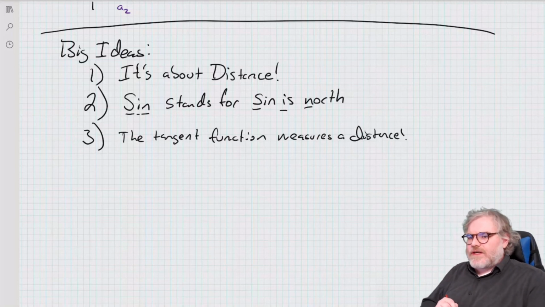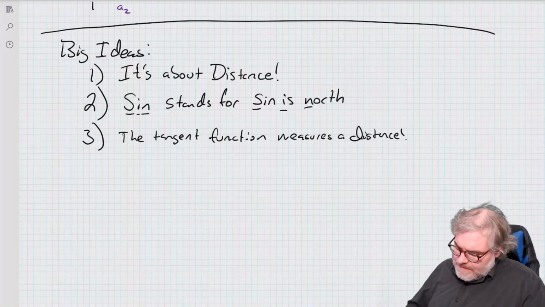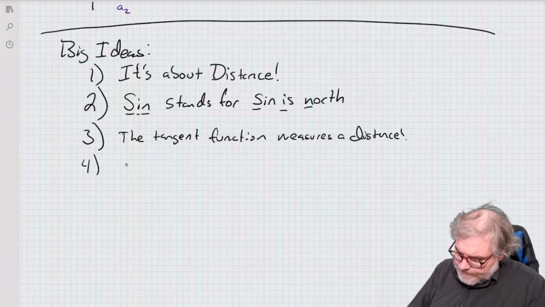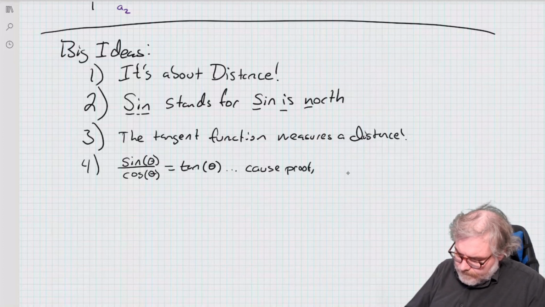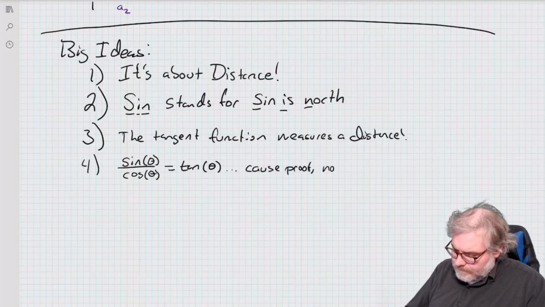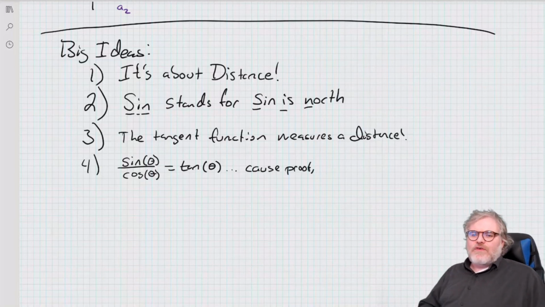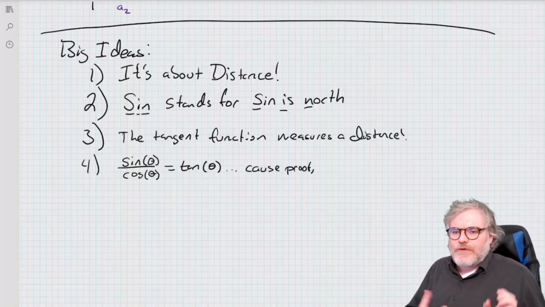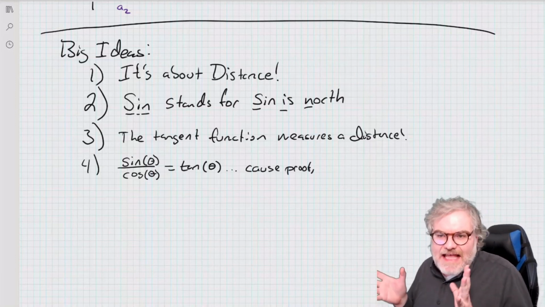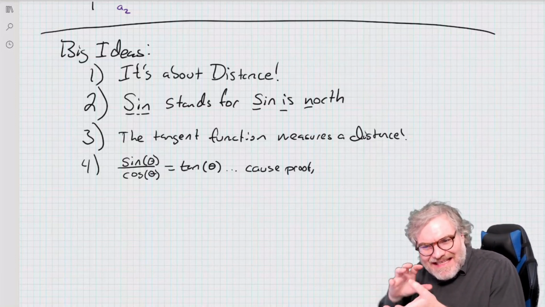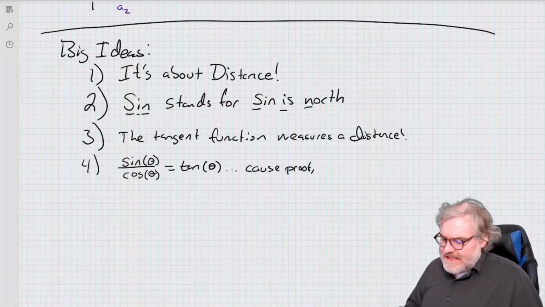You need to know that the tangent function measures a distance, and which distance that is. And you need to remember that sine over cosine equaling tangent is actually a theorem. You have to prove it. I mean, you don't have to prove it, but it has to be proven. It's not just that it is that. It equals that, but it's not that it is that. Okay? It is that line.